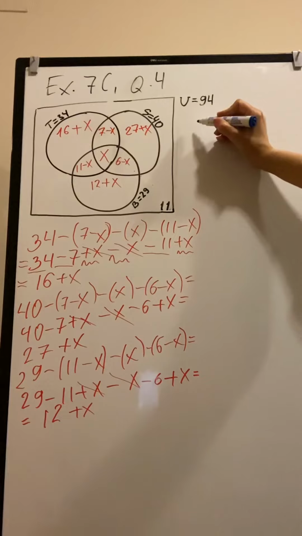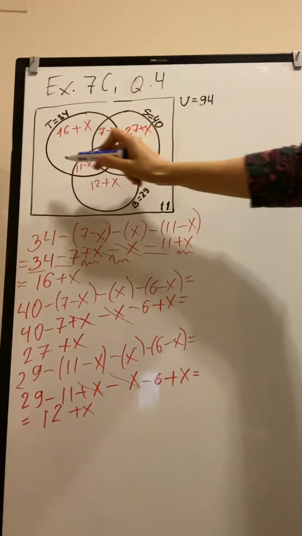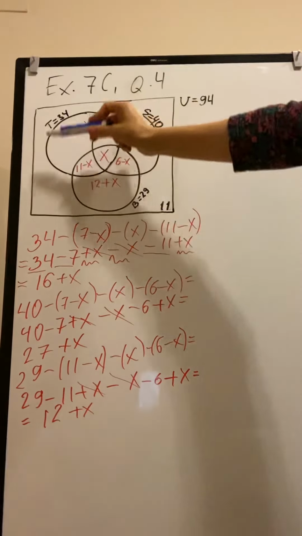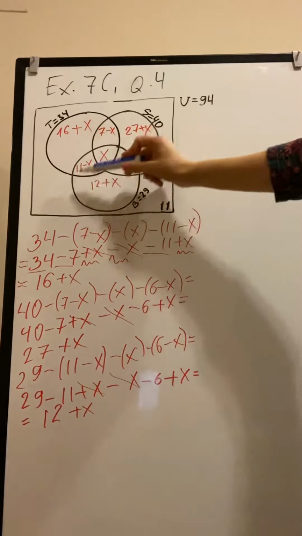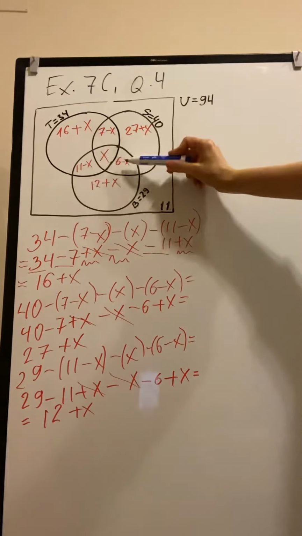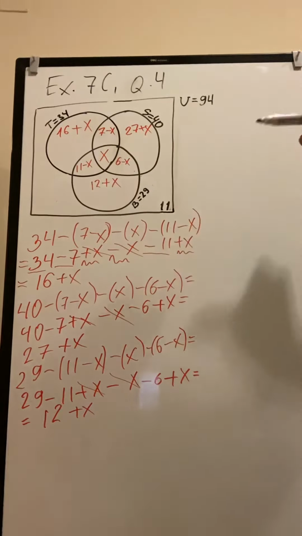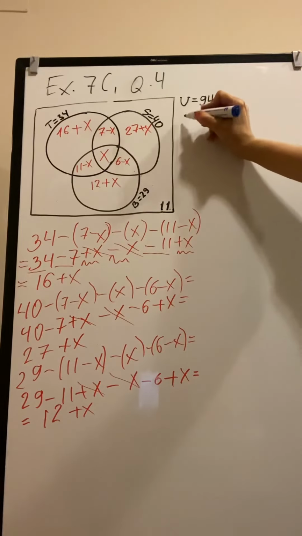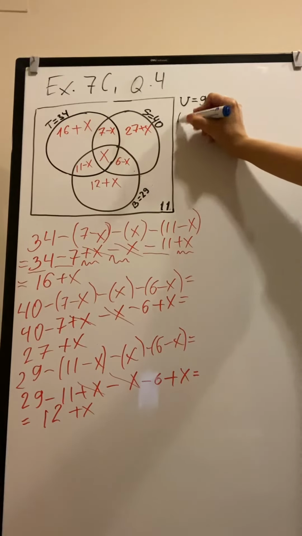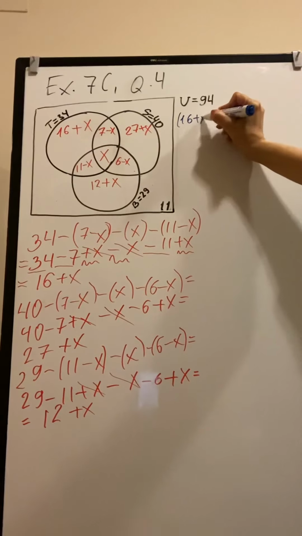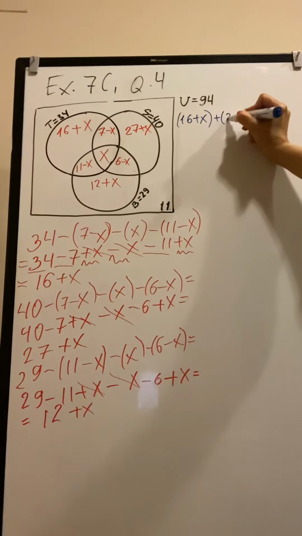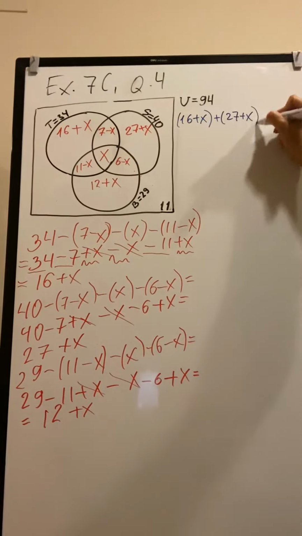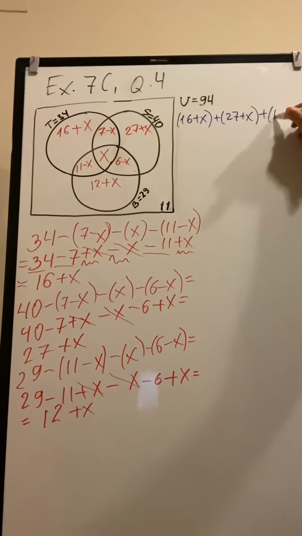Okay, so that I don't miss anything, I'll just add first those 3 big areas, and then these 3, and then the middle and the 11. Right, so 16 plus x plus 27 plus x and plus 12 plus x. Right?